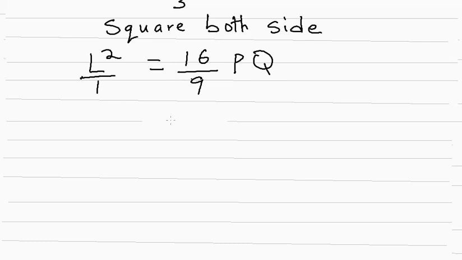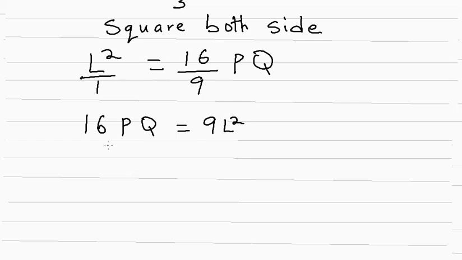So cross multiplying, I have 16 PQ multiplied by 1 will give me 16 PQ. Then 9 multiplied by L squared will give me 9 L squared.